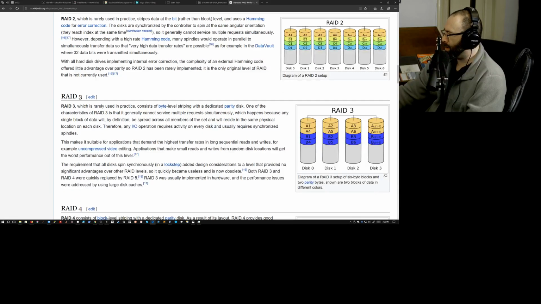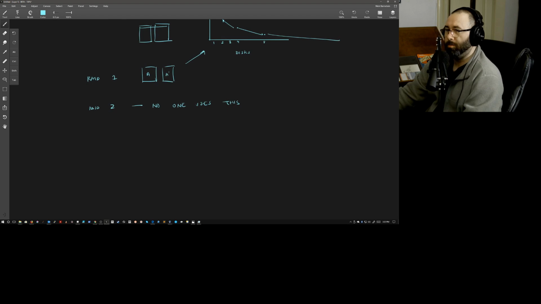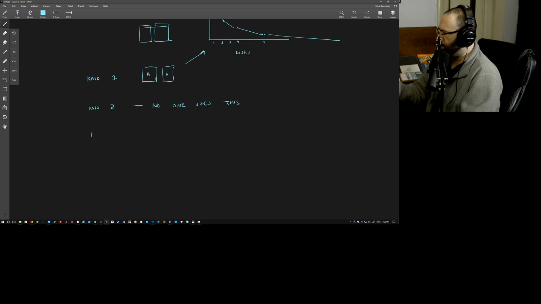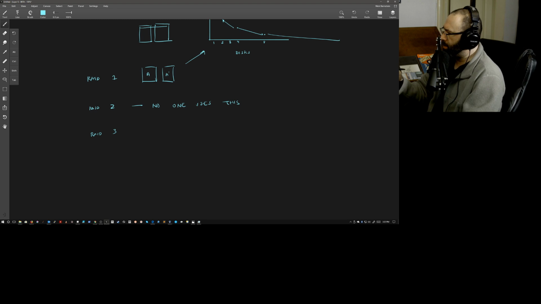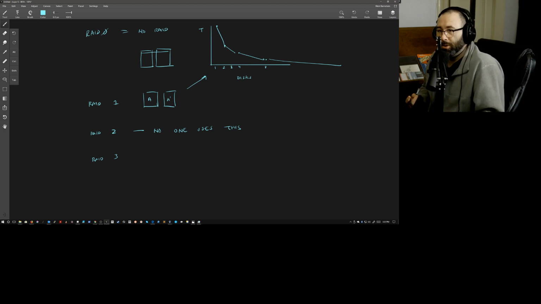So the next one is RAID 3. RAID 3 is also very rarely used. It's still around, you can still do it, but the idea with RAID 3 is that it's there to solve a problem with the earlier form of RAID, mainly RAID 1, which is that you're effectively doubling your storage costs.